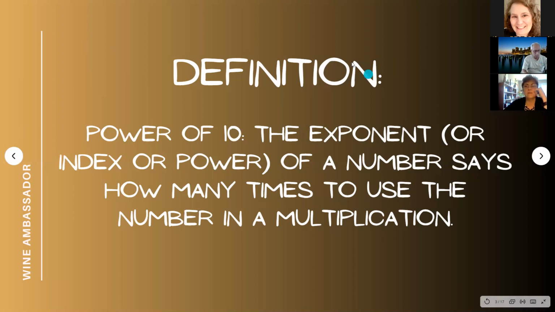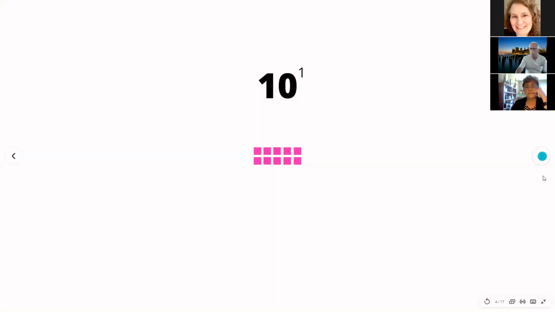So power of 10, the definition in mathematic terms is the exponent, or the power of a number, says how many times to use the number in a multiplication. And for those of you that are not math wizards or love math like me, now I'll show you what the power of 10 is.